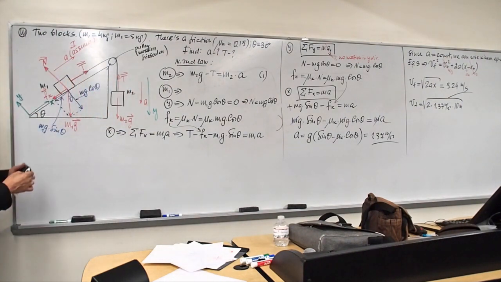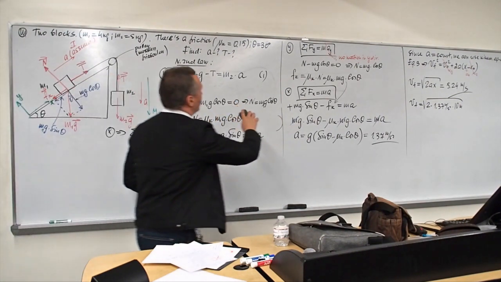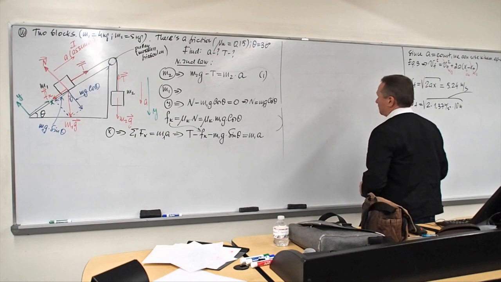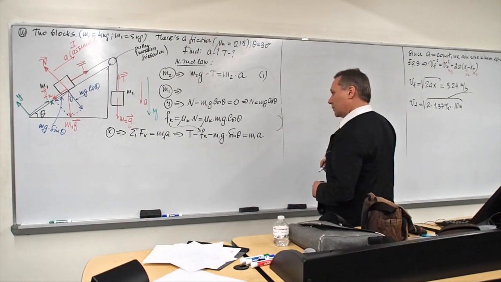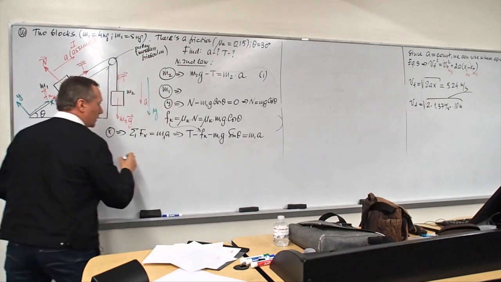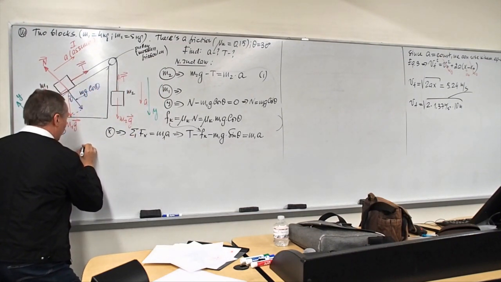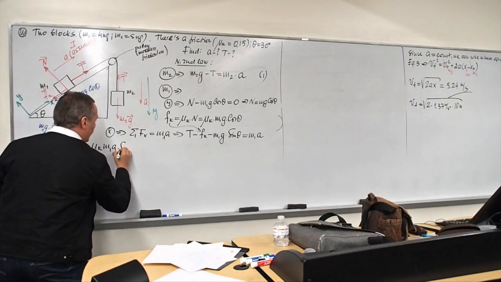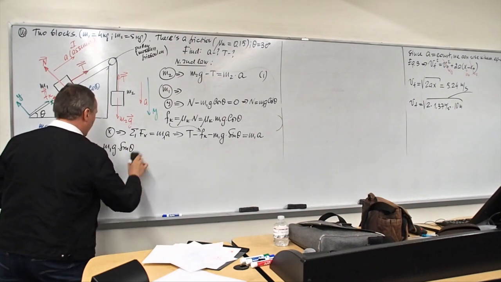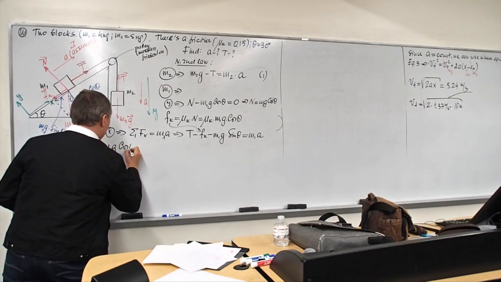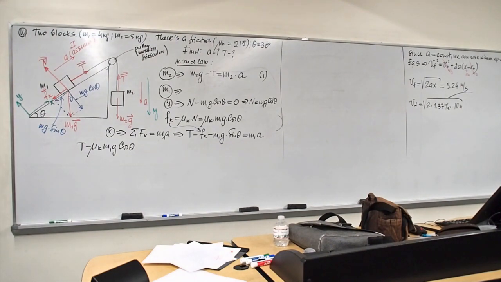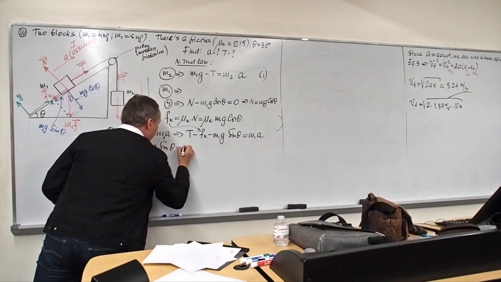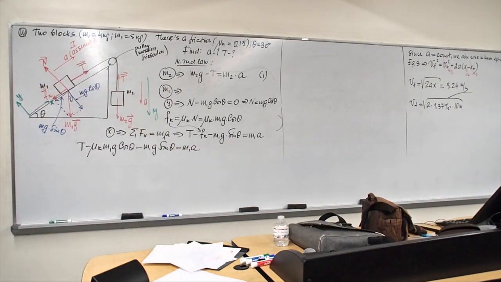We're almost there. This is the stuff from the previous problem. Let me use one more line here. T minus mu k m1 g cosine theta, that's the friction, and minus m1 g sine theta equals m1 times acceleration.